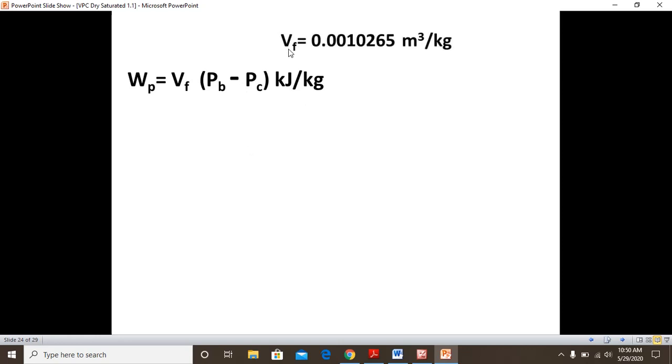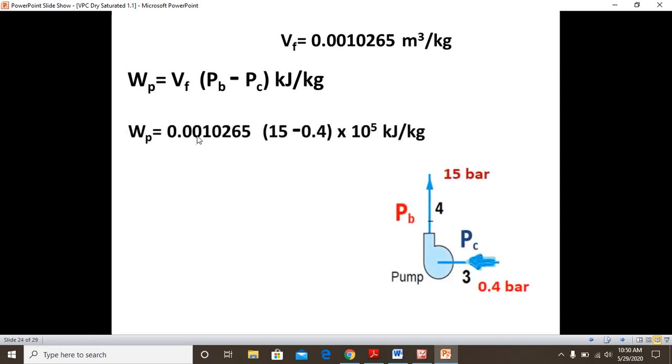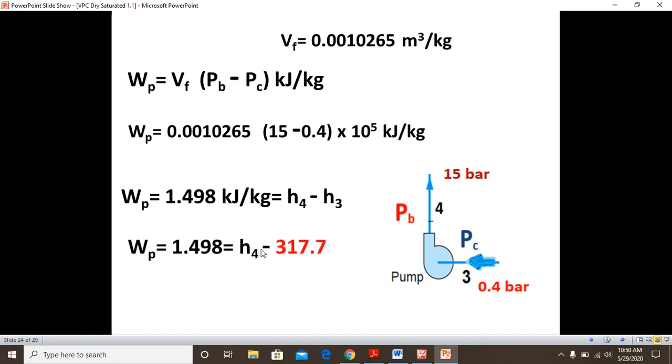Vf value, already I told you while explaining the steam table, is 0.0010265. Put these values, 15 bar, in terms of 10 to the power of 5 Newton per meter square and meter cube per kg. This will be converted into kilojoules per kg. Therefore it will be 1.498 kilojoules per kg, equal to H4 minus H3. You know the value of H3, put in this equation, you will get the value of H4.